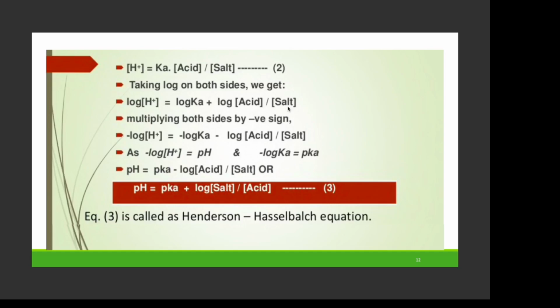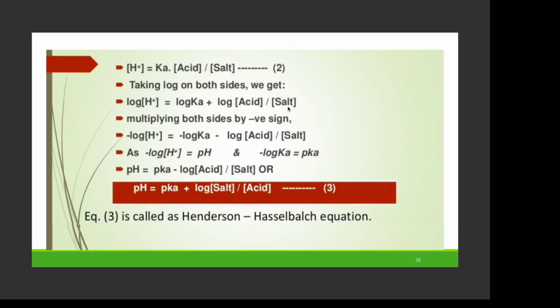When we take the basic solution, the base is weak and the salt is stronger, and the salt can dissociate, but due to the weak base, it cannot, and it dissociates into B plus and hydroxide ion. And when we take the Kb, it gives the concentration of dissociated products upon dissociated base.